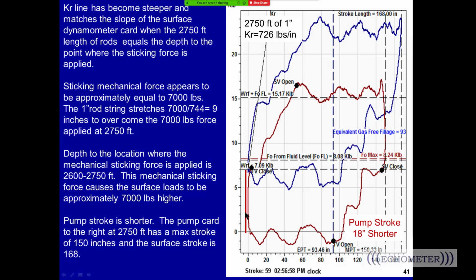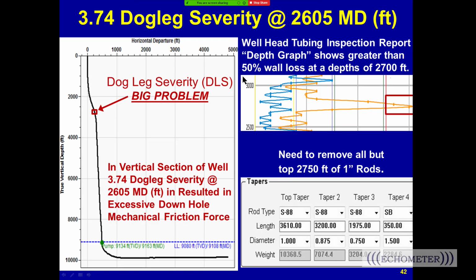That friction force is about 7,000 pounds, at a depth of 2,750 feet, and when they ran the survey, the wellhead inspection report showed that there was a wall loss of 50%. So yes, rods on tubing will rub away material, and this shows that. So yes, it absolutely causes downhole damage to the rods and the tubing, and an increased failure rate.